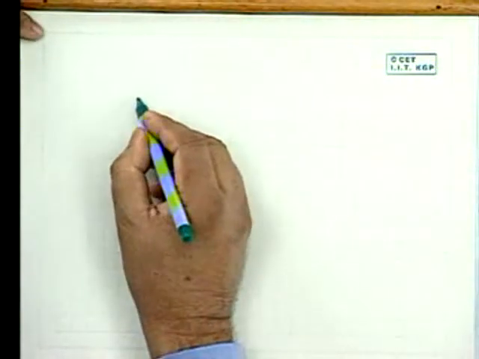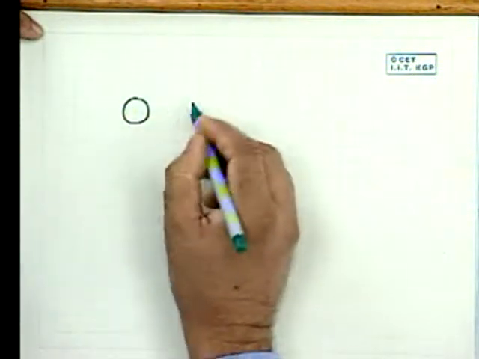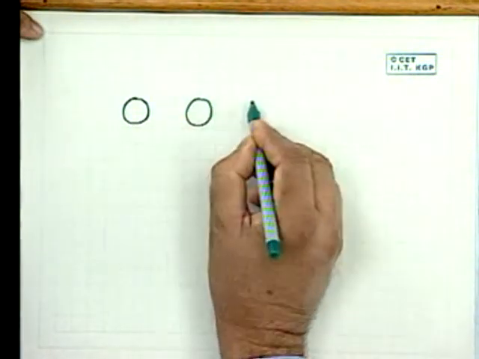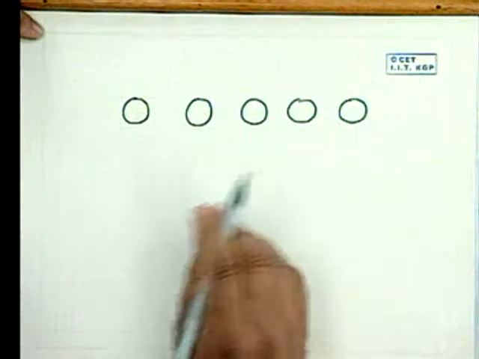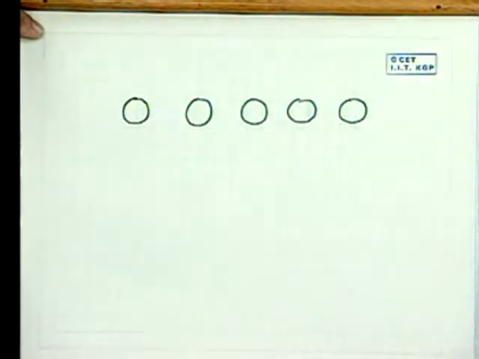In our operating system's parlance, these philosophers are the processes, and the forks are the resources. Let us try to analyze the problem and see what things are associated with deadlocks. Say there are 5 philosophers, and I have drawn them in green.